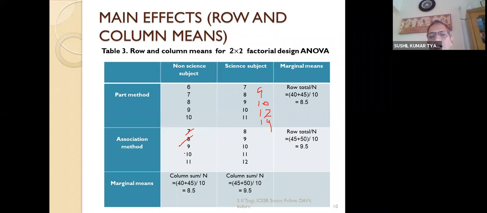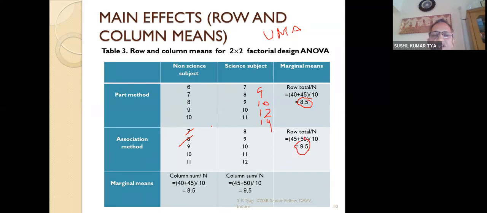Okay. Now, in this case, the procedure to be followed is known as unweighted mean analysis. What does it mean? Now, these earlier means, 8.5 and 9.5, are weighted means.